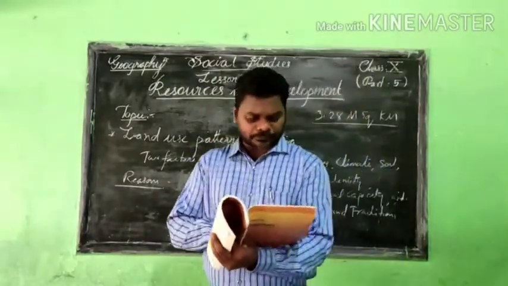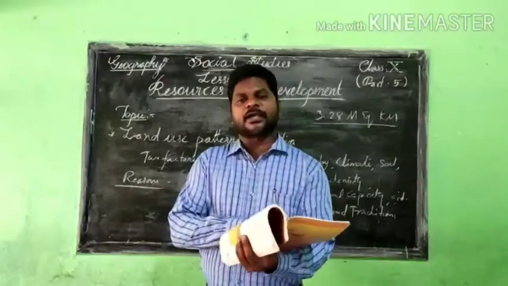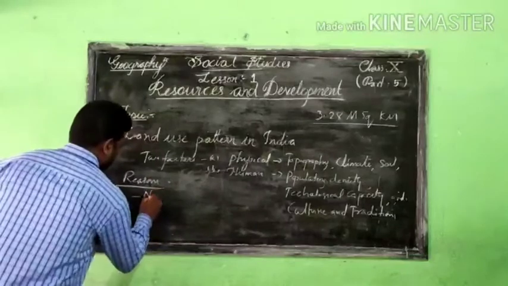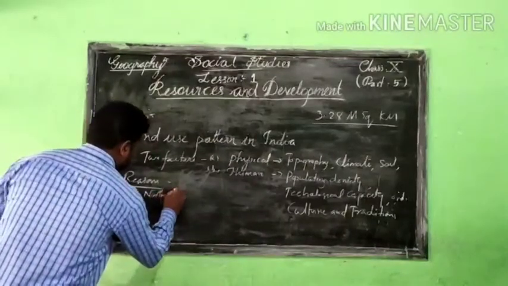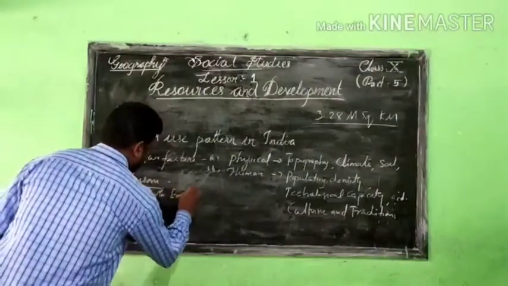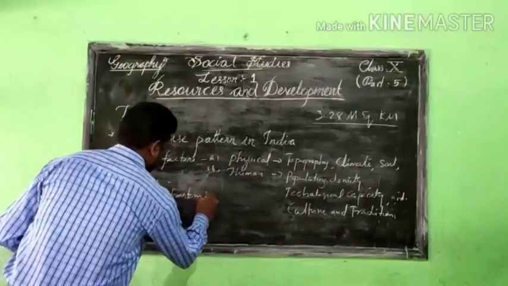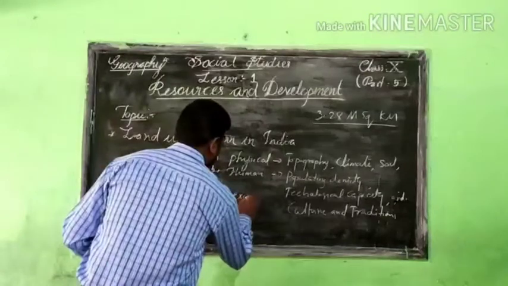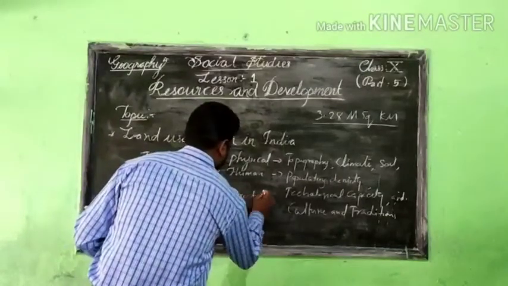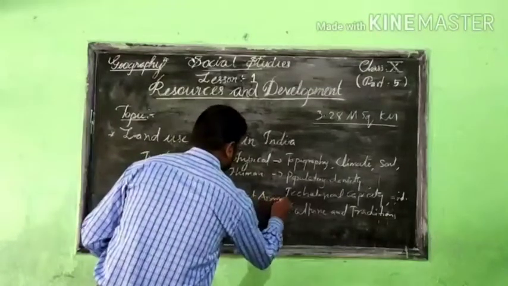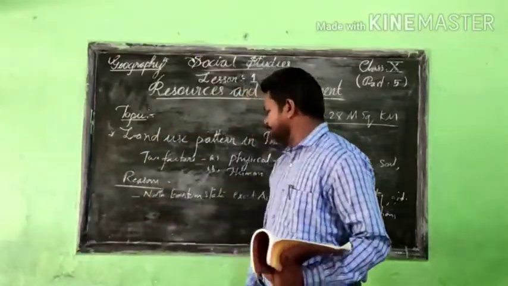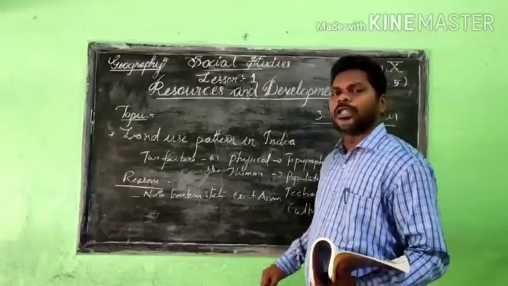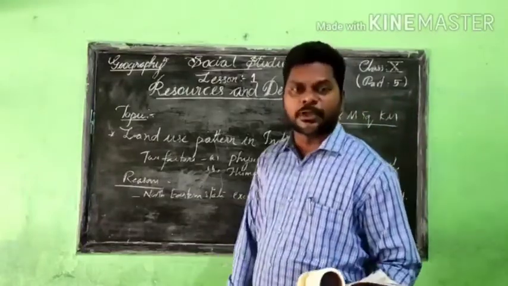Another one is Jammu and Kashmir occupied by Pakistan. And the northeastern states except Assam: in the rest of the states, the whole areas we are unable to cultivate because of the relief features.